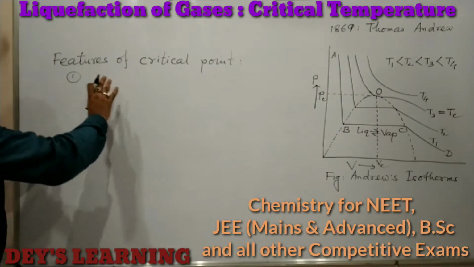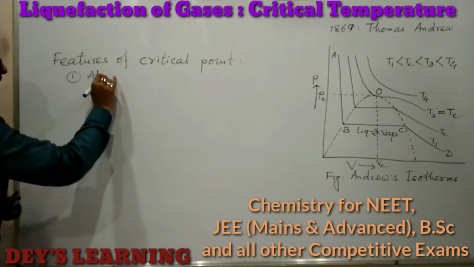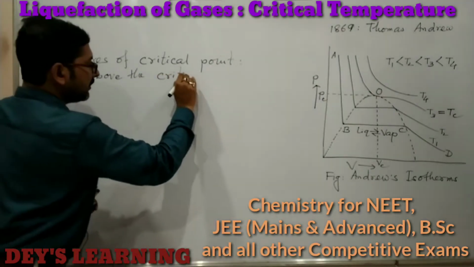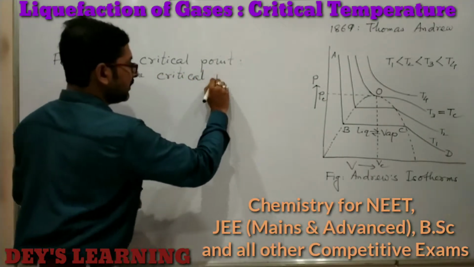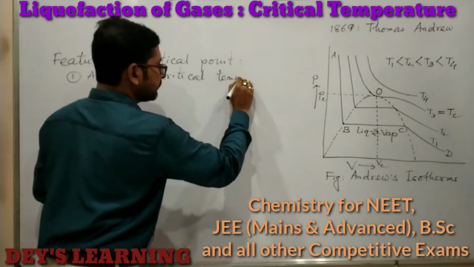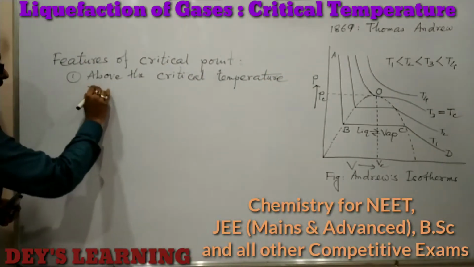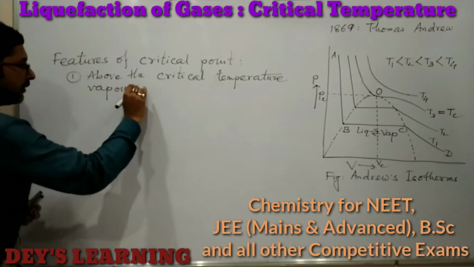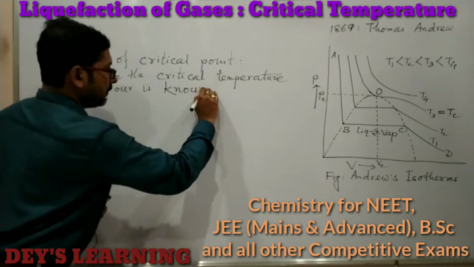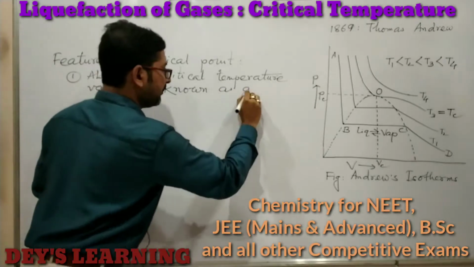So the feature of the critical point is: above the critical temperature, vapor is known as gas.